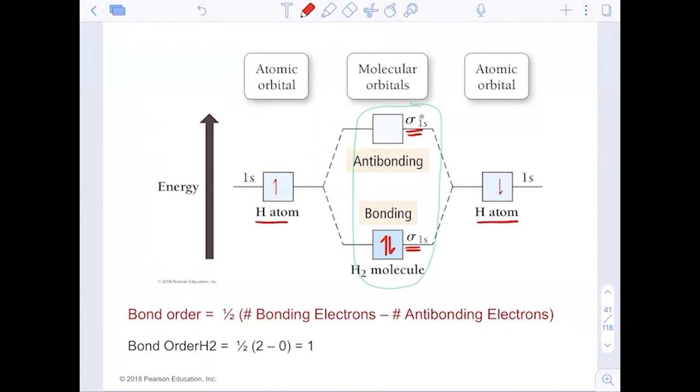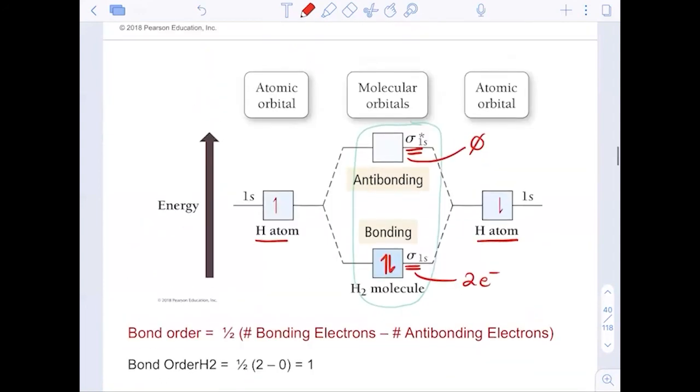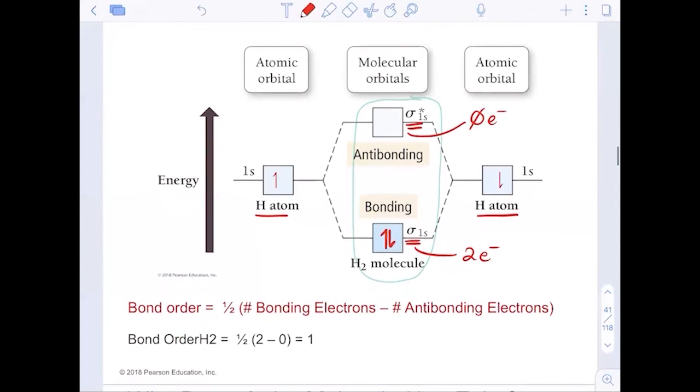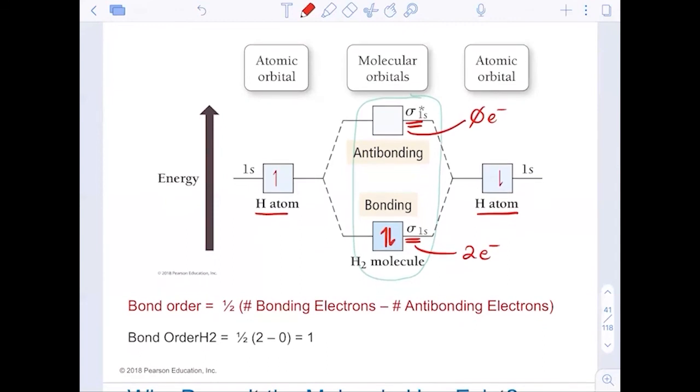I look at bond order for H2 and I say, there are 2 electrons in a bonding orbital, this one, and I have no electrons in my antibonding orbital. And so 2 minus 0 is 2, multiplied by 1/2. The bond order for H2 is 1.